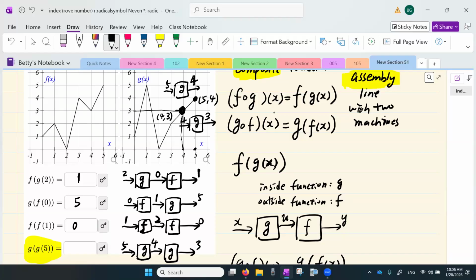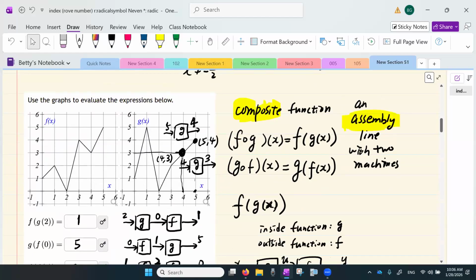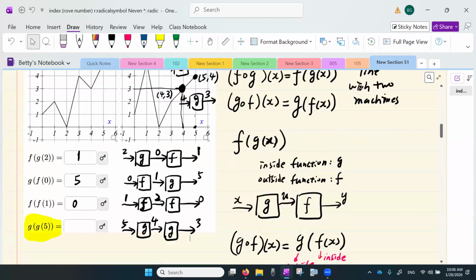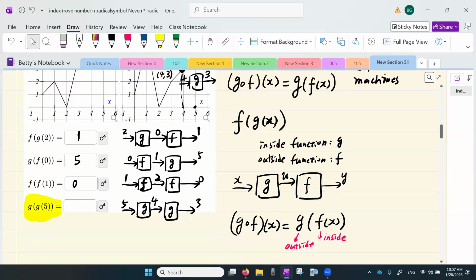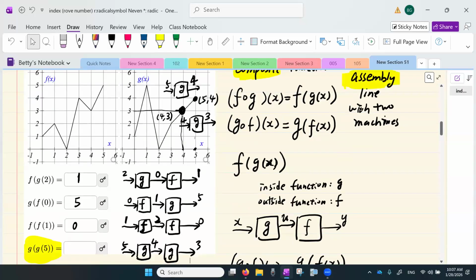Done. Do you think you can do that? You can get this problem correctly if it shows on the Unit 1 exam. This is not something very complicated or difficult. It's just looking at the input and output. It's very doable. So through this problem, I think you understand the idea about composite functions.